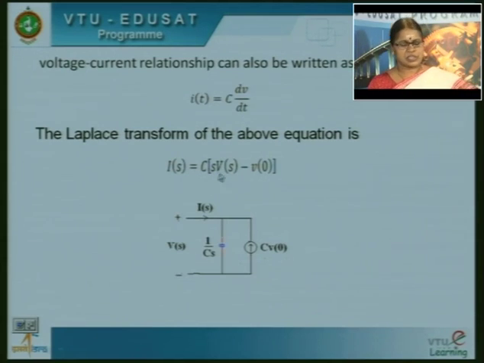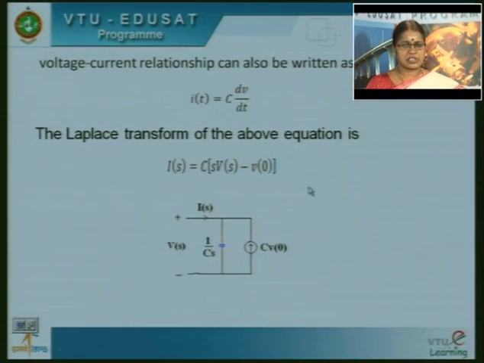So, this term can be viewed as an element whose impedance is 1 by Cs and the voltage drop across the element is V(s).